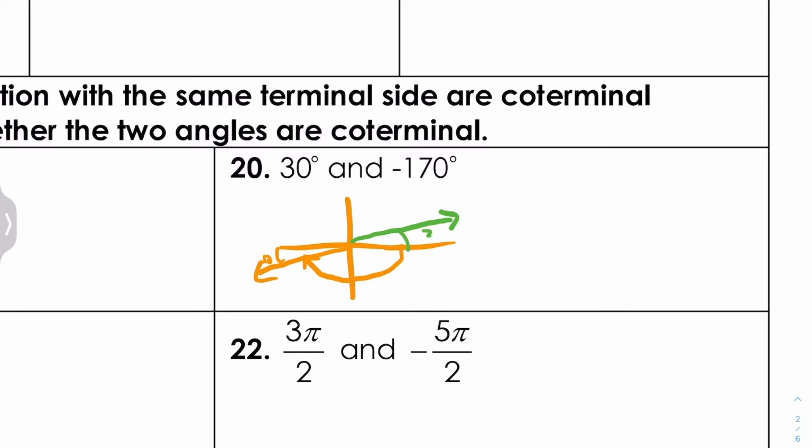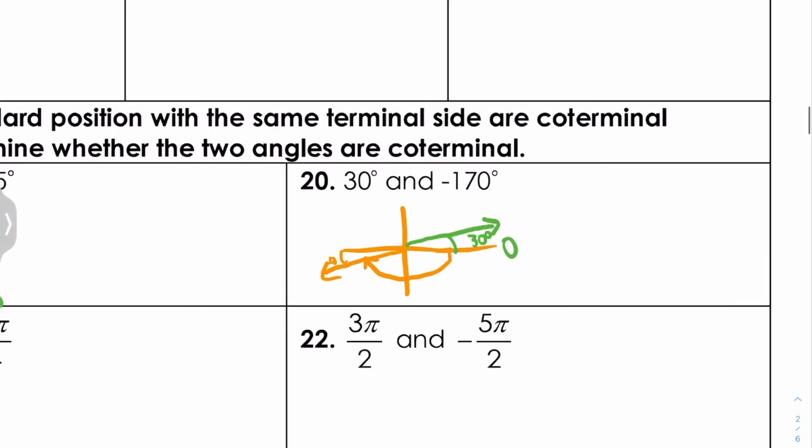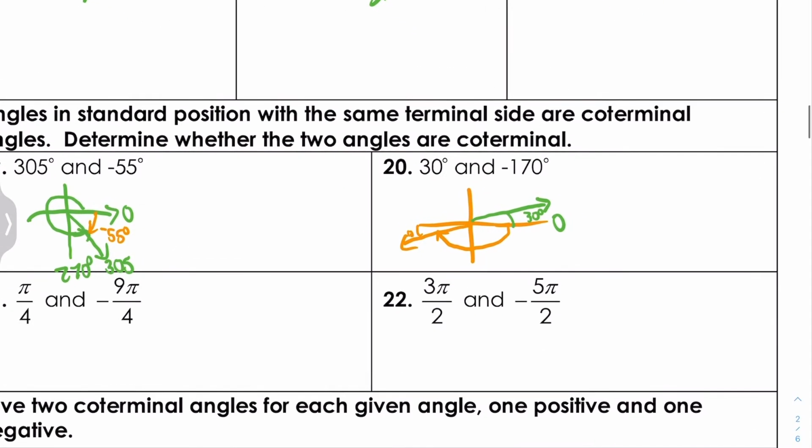So this one has a 30 degree spacing from 0, but it's nowhere close to negative 170. So no, these are not coterminal. And this 0 went with 0 degrees.